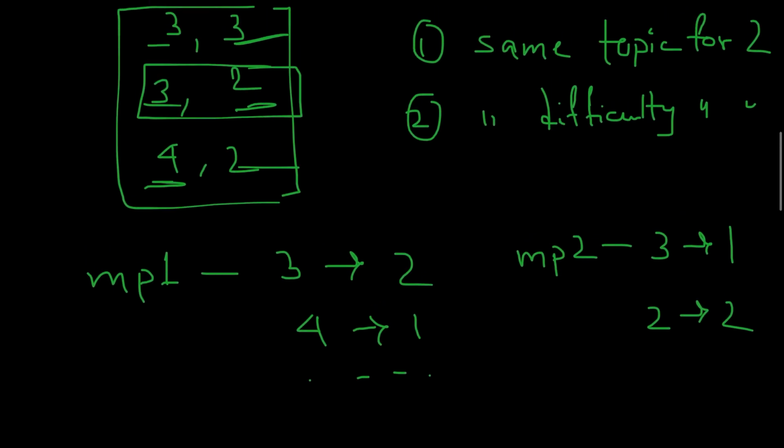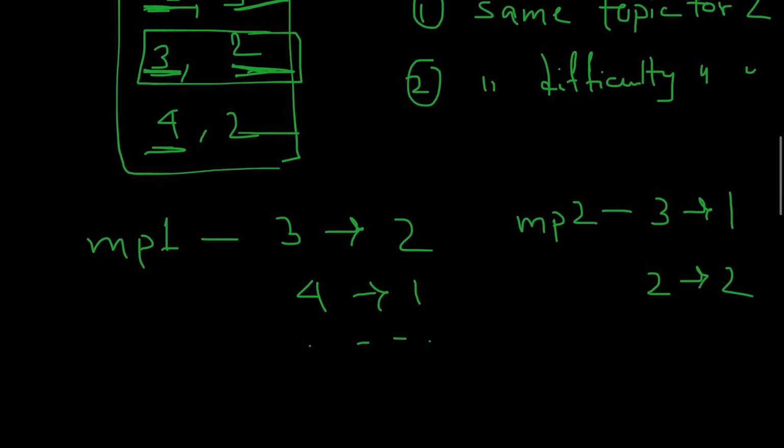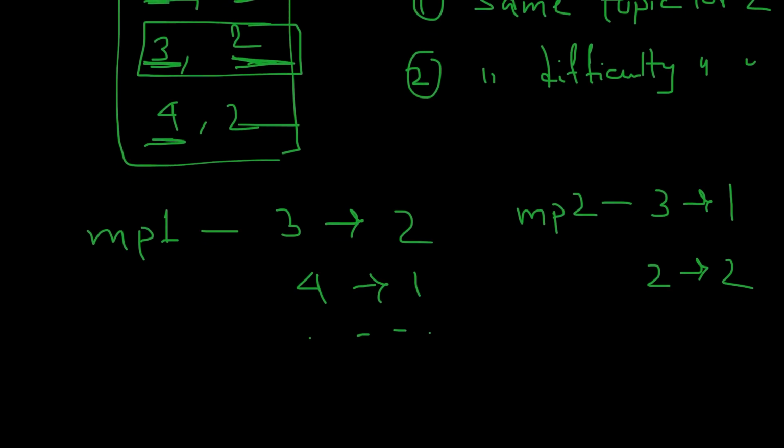I'll see how many problems there are that have three as the topic, because it is three, and how many problems there are that have two as the difficulty. So if I say the count of problems where the topic is three is, let's say, x, then in x I have already taken one pair, so I have to subtract that one: x minus one.